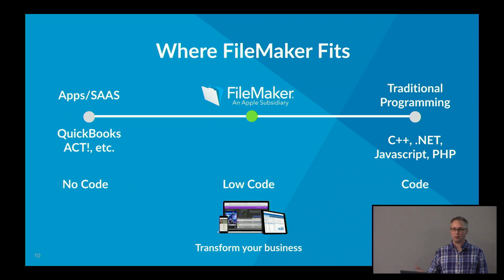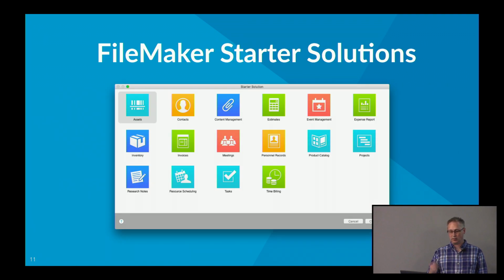And then FileMaker's in the middle because it has a low code amount. When you're not integrating it with things just by itself, it's mainly like a macro or scripting language that is the code in FileMaker.